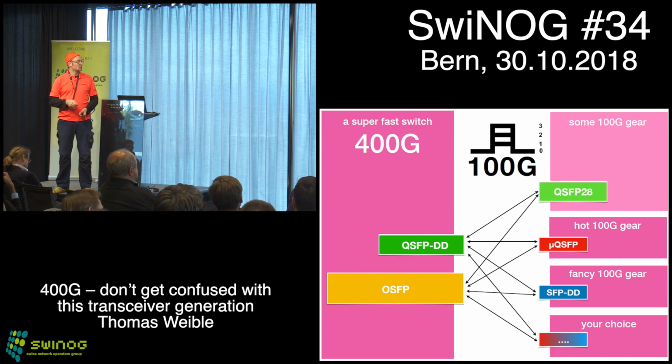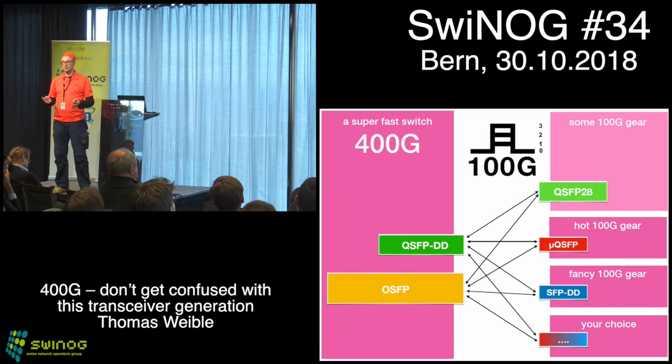So we have this 100 gigabit, we can break it out, and that's pretty unique. We have a 400 gigabit switch, and we can break it out into 4 dedicated 100 gigabit links. And it doesn't matter if it's going to be QSFP-DD or OSFP, the form factor is equal there. They are both going to support that mode, so having 4 times 100 gigabit on a single lambda.